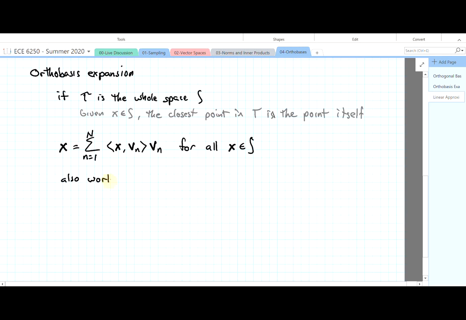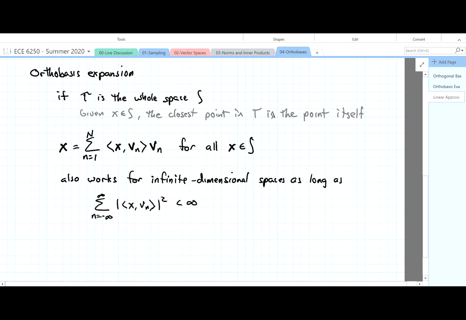Also it works for infinite dimensional spaces, as long as, and this is the convergence that we talked about, say, with the Fourier transform way back in your grade school days.